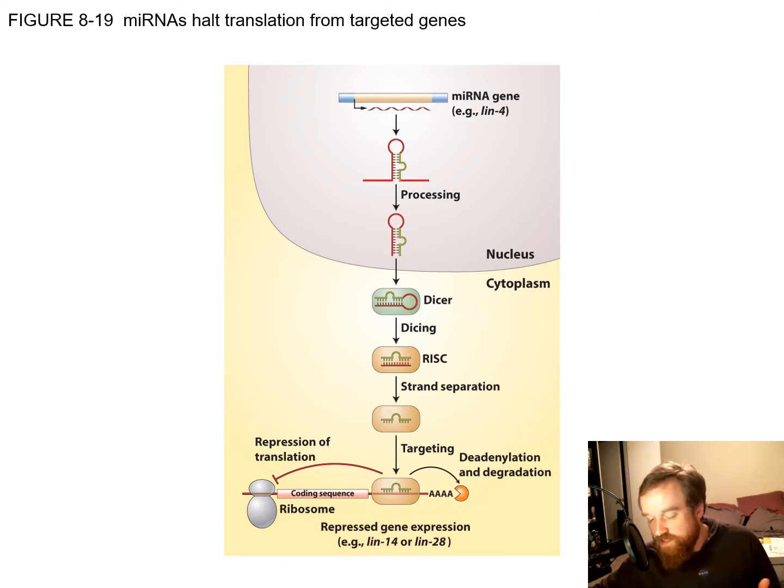So this Lin4 miRNA gene actually has consensus sequences for two other Lin genes. In this case, Lin14 and Lin28 have this same 22 base pair sequence within the gene. And so expression of this Lin4 microRNA gene is a way to stop the transcription and translation of these other two genes.